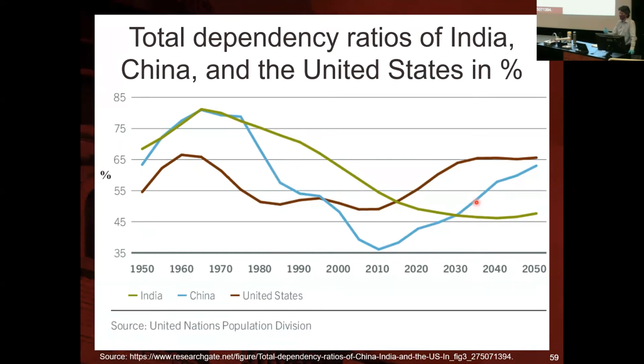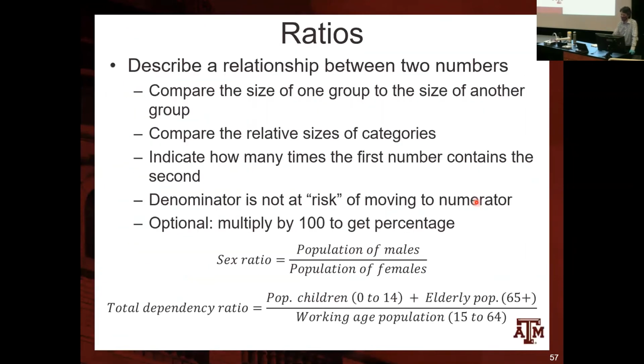But even in India and in other developing countries, mortality starts to improve. When we say that mortality improves, it means that mortality declines. When mortality declines over time, what do we expect? We expect that the number of older people will increase. So the overall total dependency ratio will start to increase again.